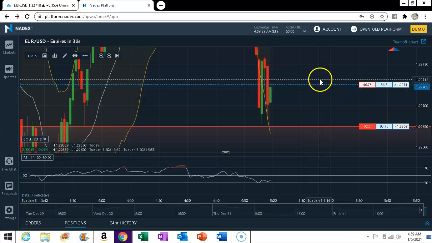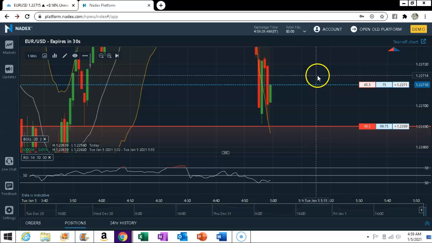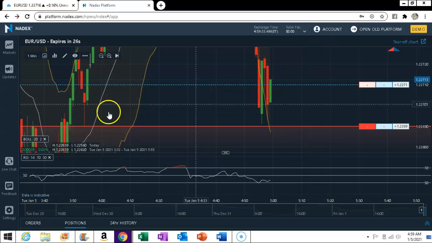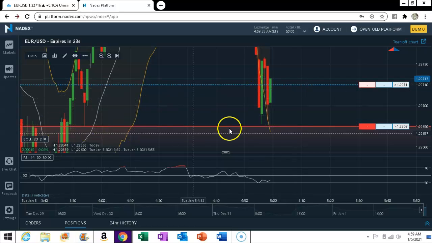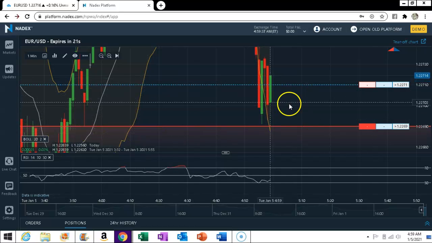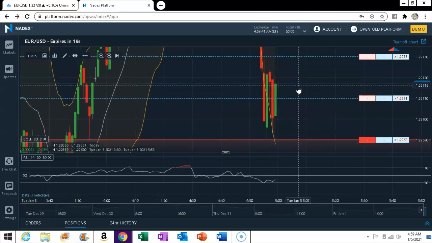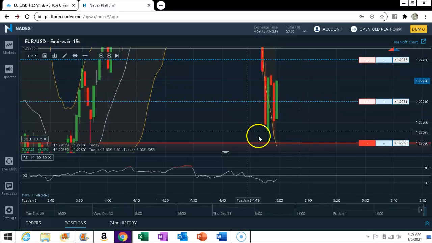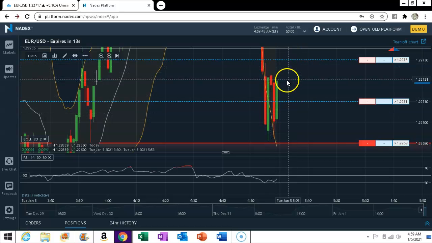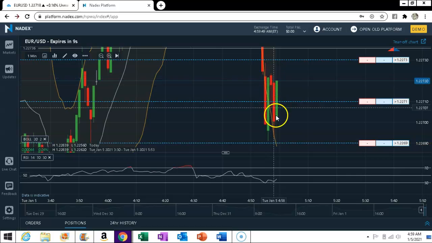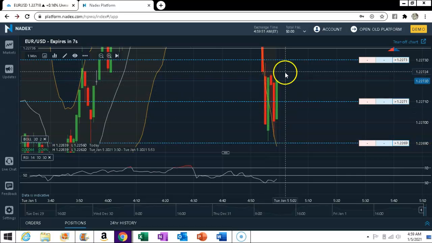It's really great. But that's sort of on the greedy side, because you really want to be able to call it correctly. You want to make sure your analysis is correct and so forth. So don't be in such a hurry. This is the W. Price went down, came back up, came back down, and came back up, forming the W pattern.